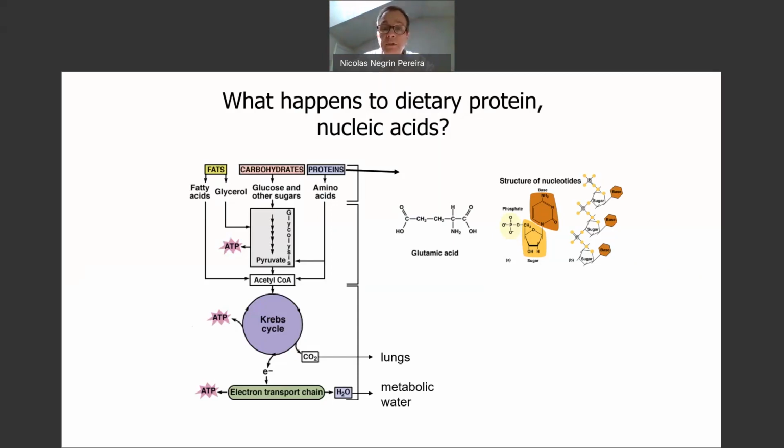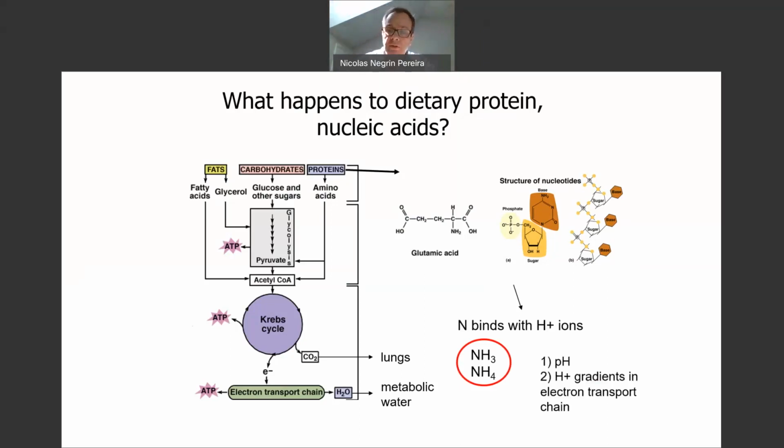But what happens in particular with dietary protein and the nucleic acids? As we know, they possess an amino group, in which nitrogen normally binds very easily with hydrogen ions. So when NH3, which is ammonia, and NH4, urea, start accumulating in the body of the animal, that can lead to potential toxicity problems by altering the pH status in the organism.